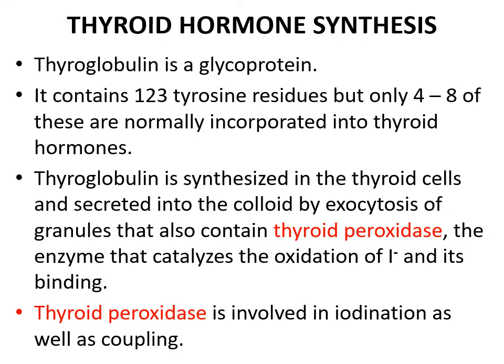Thyroglobulin is synthesized in the thyroid cells and secreted into the colloid by exocytosis of granules that also contain thyroid peroxidase, the enzyme that catalyzes the oxidation of iodine and its binding to tyrosine.